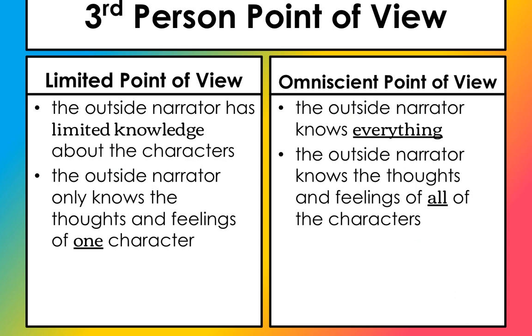That's third person. There are two different types of third person point of view: limited point of view and omniscient point of view. In both of them, the narrator's outside the story, because that's what third person means. In limited, the narrator's outside the story and has limited knowledge about the characters.